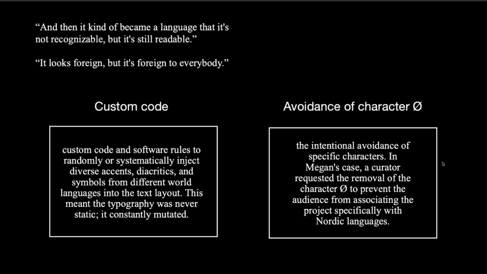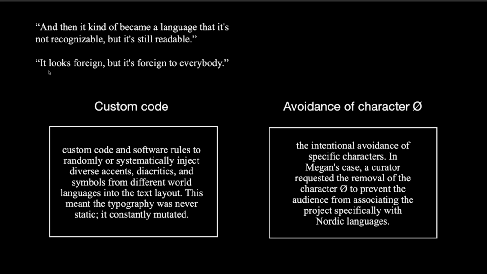Another thing which is interesting: typically Nordic design likes to use the slashed o in some other English words, but here she completely omitted the letter o in the whole book because they do not want the audience to associate the project with the Nordic languages at all.